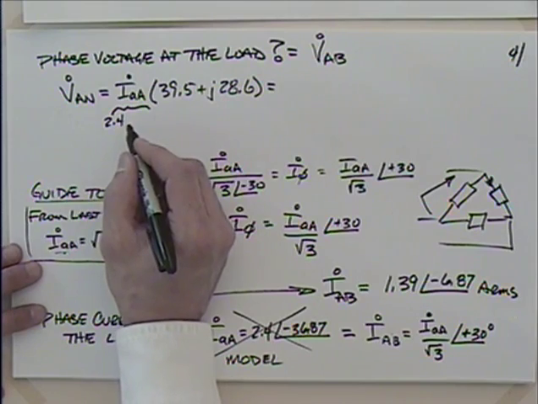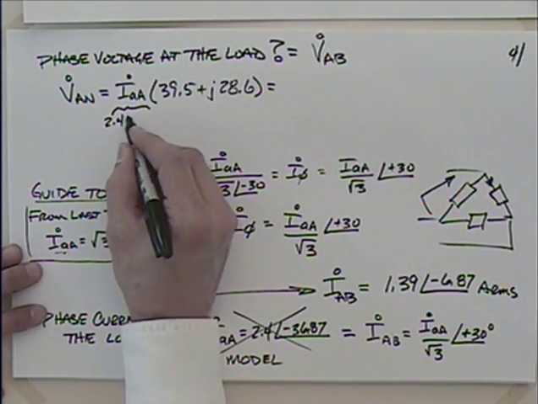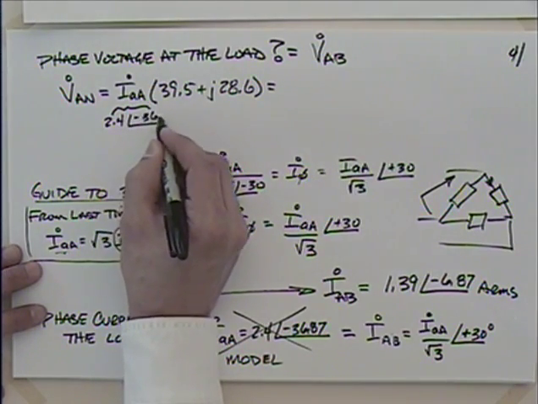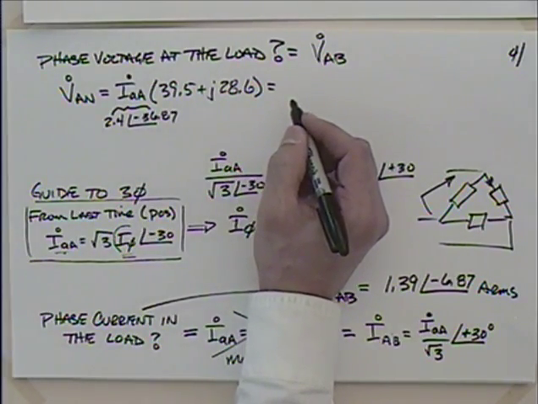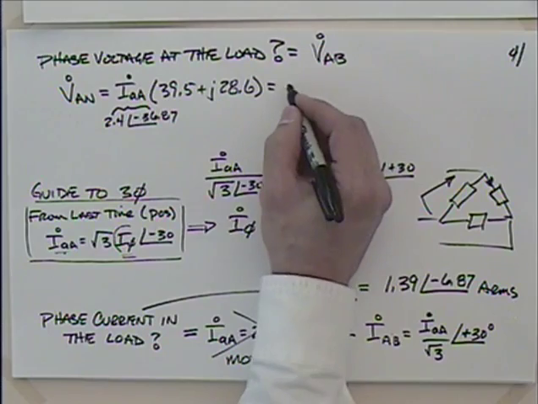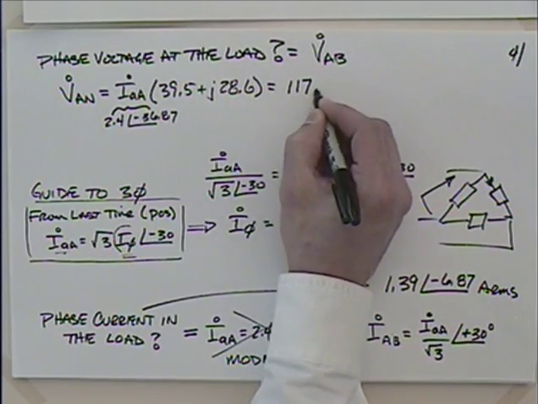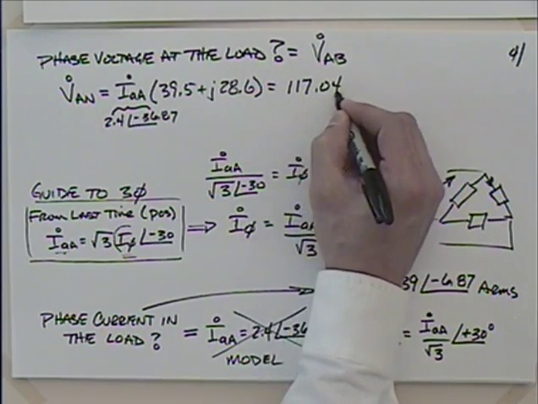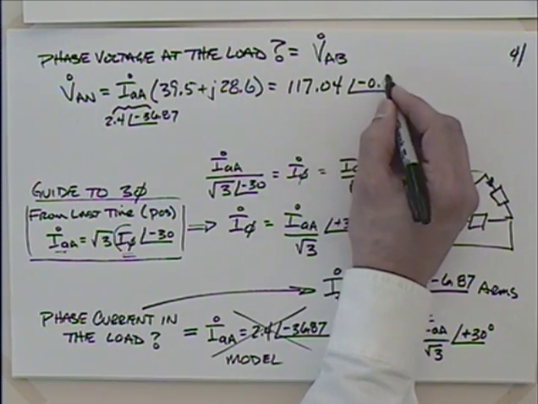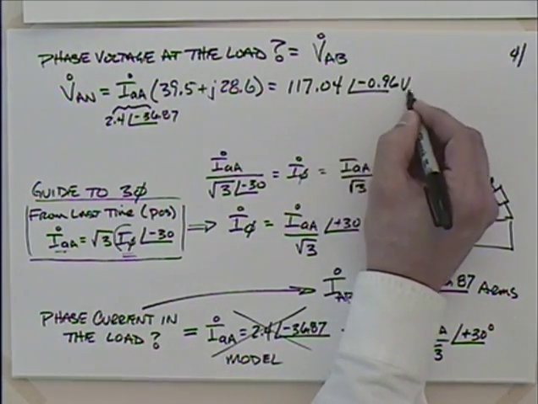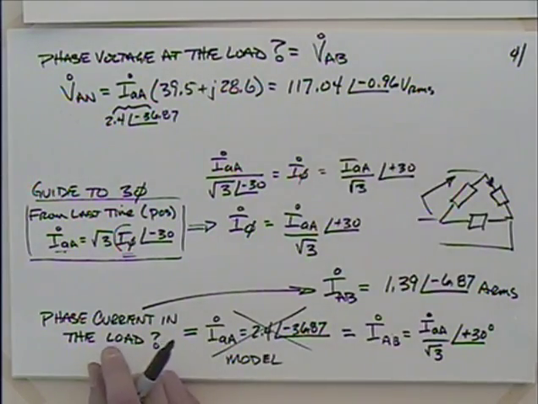We're not done yet. 2.4 at minus 36.87. So what's that turn out to be here? 117.04 at minus 0.96 volts RMS.